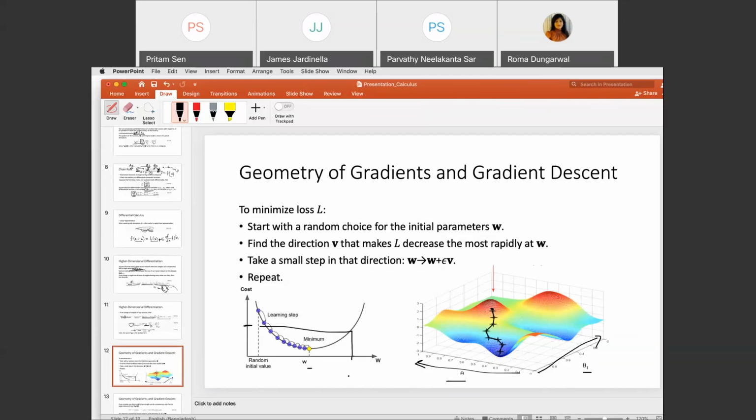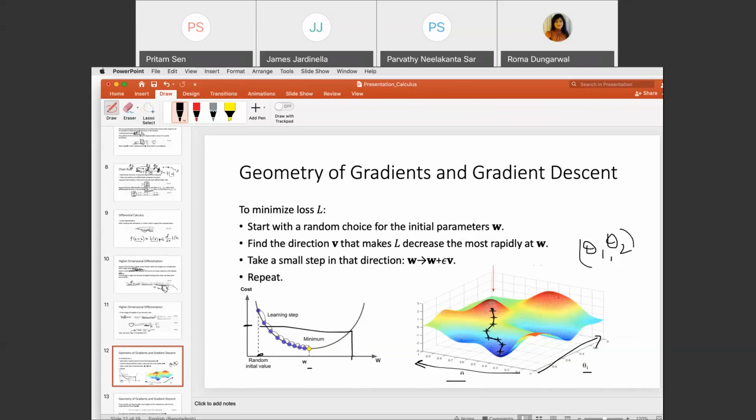So first of all, we use some initial value of W, for example this one. This is actually a random value. For 2D, we select some pair, maybe θ1, θ2. This is our initial weights. Then we calculate the loss value for that selection.